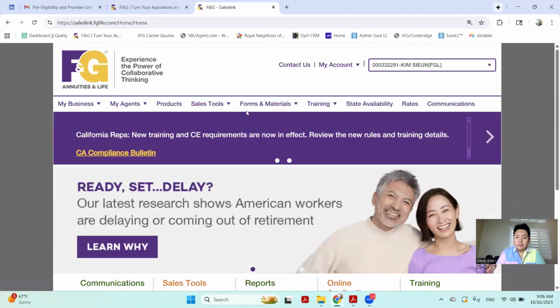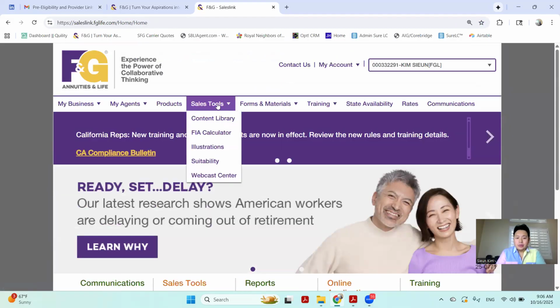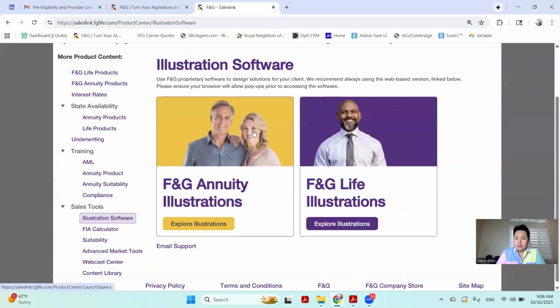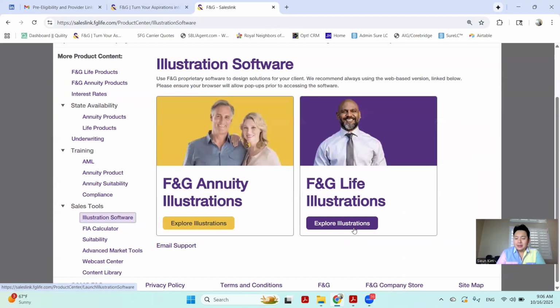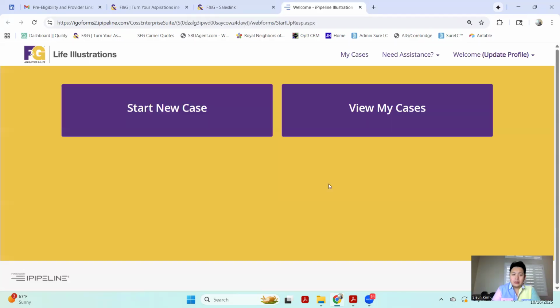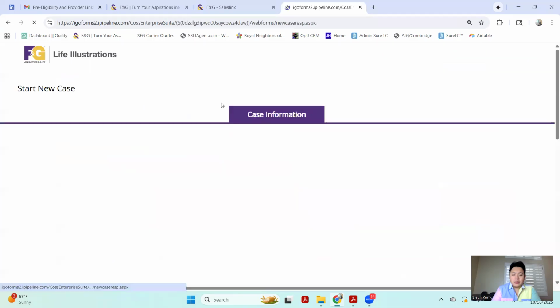All right, we're in here. And on their sales tools, you're going to click illustrations. And you're going to click F&G Life Illustrations. And we're going to click Start New Case.